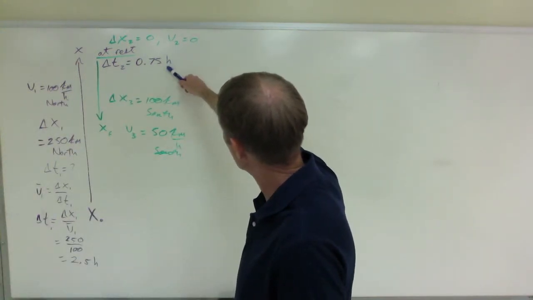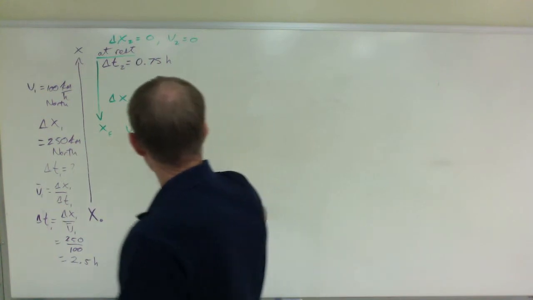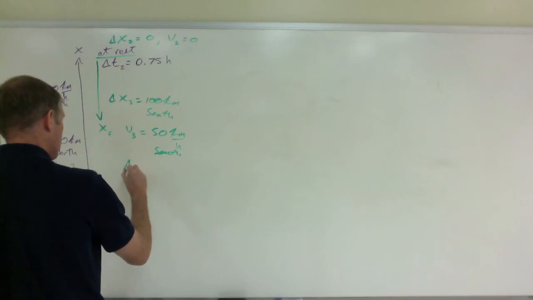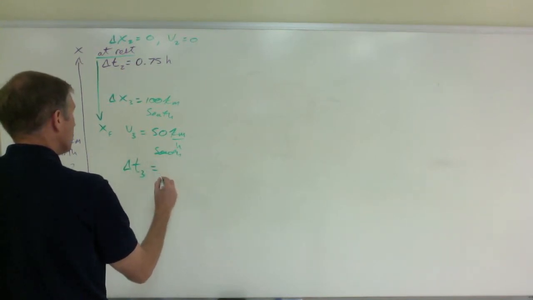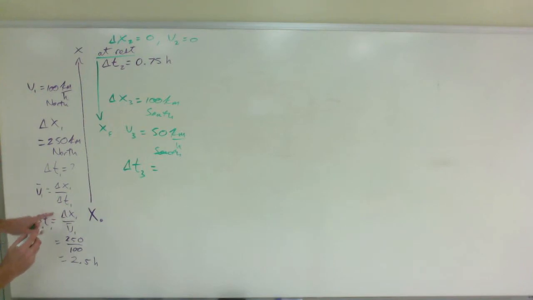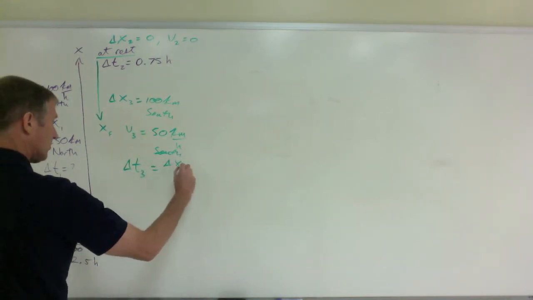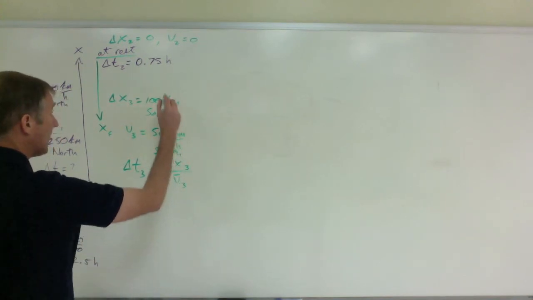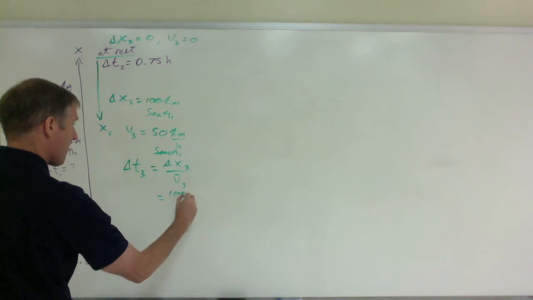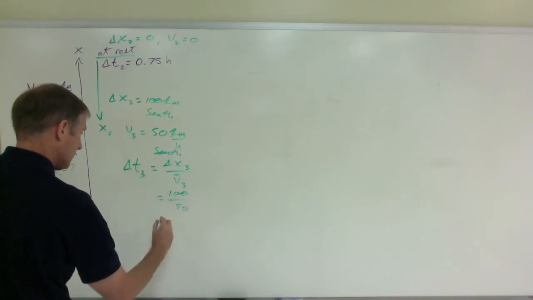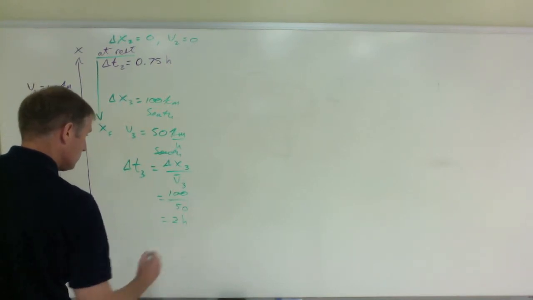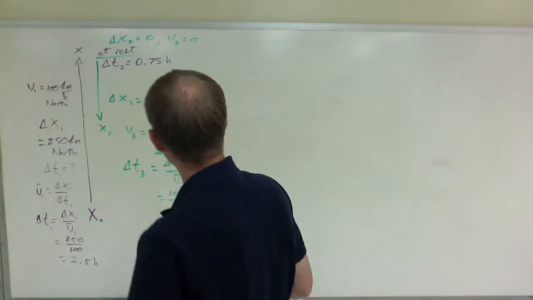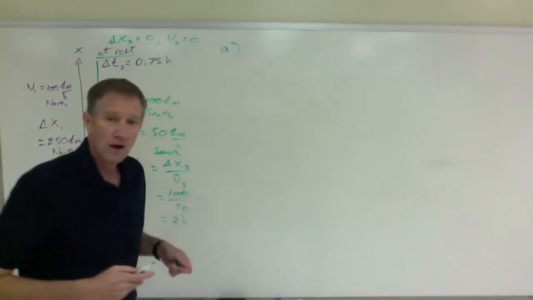She rests for three-quarters of an hour, and then to come south, I'm doing that one in green, I'm going to figure out that time period, delta t3. Using the same equation rearranged, that's delta x3 all over v bar 3, which is 100 divided by 50, which is 2 hours. The first thing the question asks for is the total time traveled.